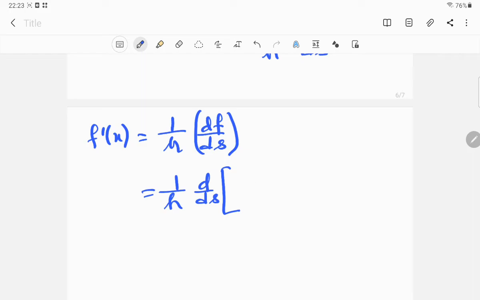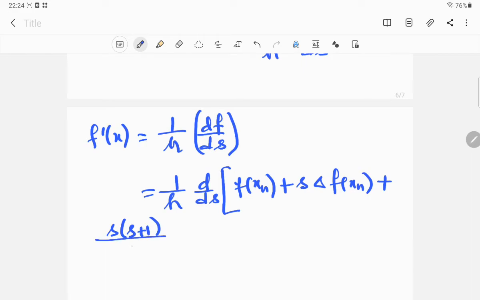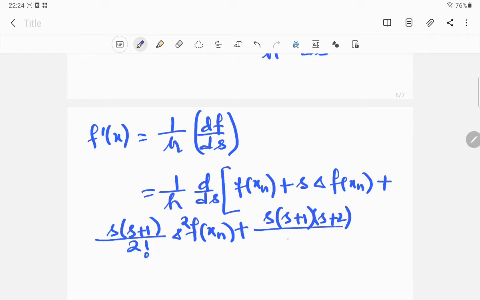So the first term goes like this: fxn plus s del fxn plus s into s plus 1 by factorial 2 del 2 fxn, then s into s plus 1 into s plus 2 by factorial 3 del 3 fxn.